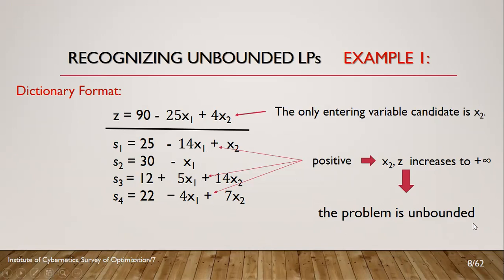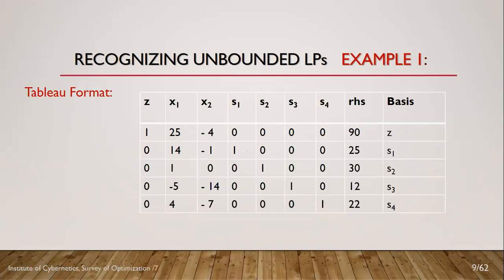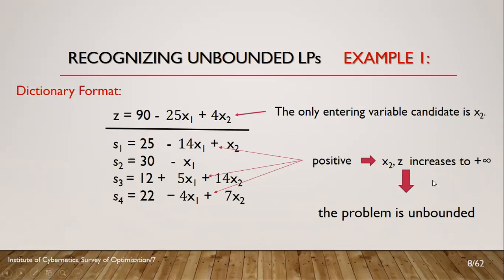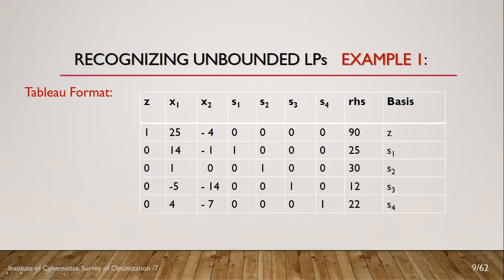The phenomenon of the solution being unbounded was discussed in the previous lectures, meaning that we have infinitely many solutions for this problem. But the same thing is recognized in a tableau format, and it looks like this.